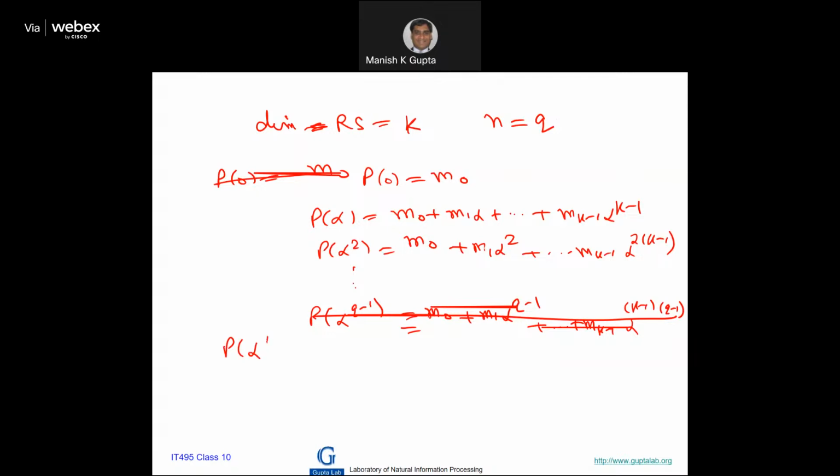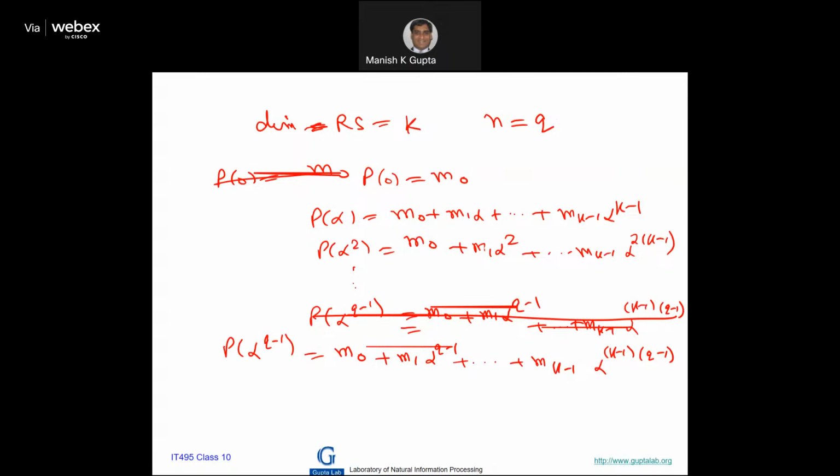I'm just substituting the values. P(x) is a polynomial; I'm just placing the values 0, alpha, alpha square, and we get these.